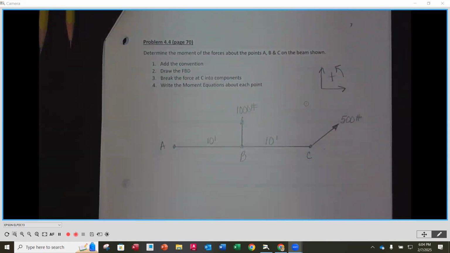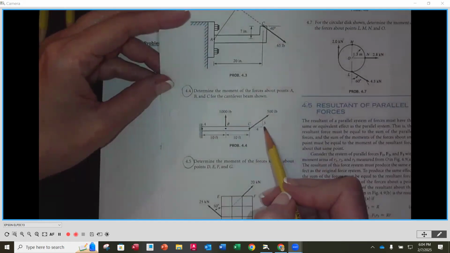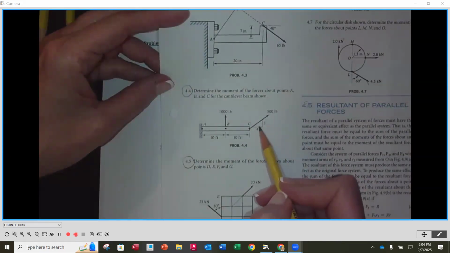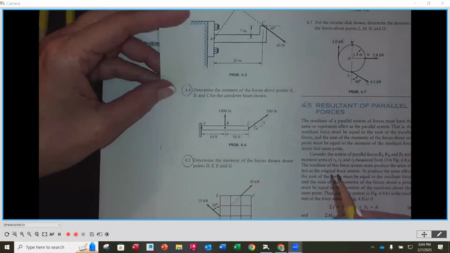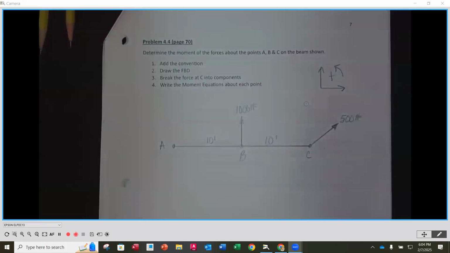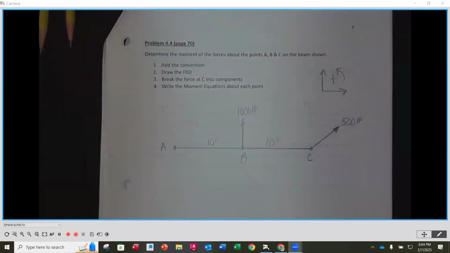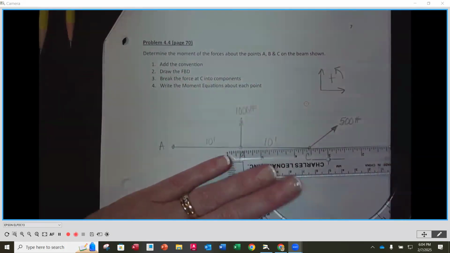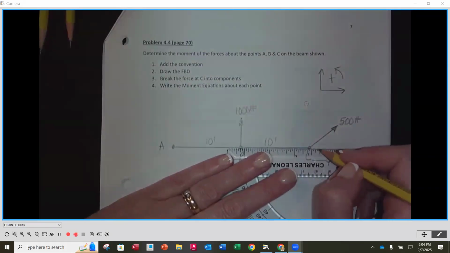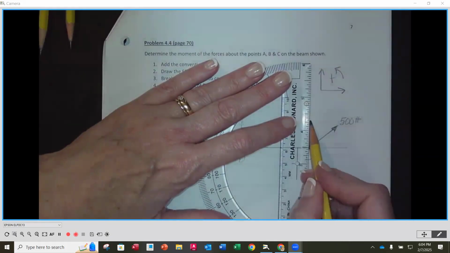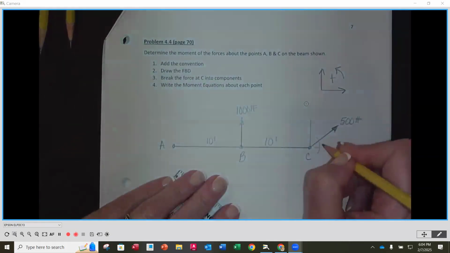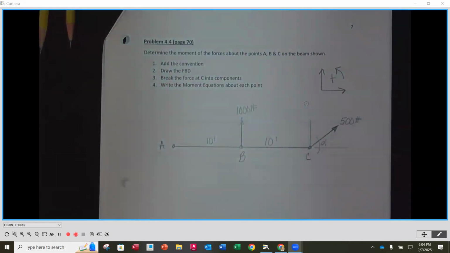And in this problem, they are giving us the slope of the line, the rise and the run. So we want to find out what this angle right here is. We are simply going to find out what alpha is, and we are then going to draw the x and y components. I'll call it alpha or theta.